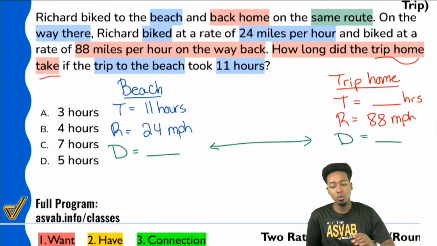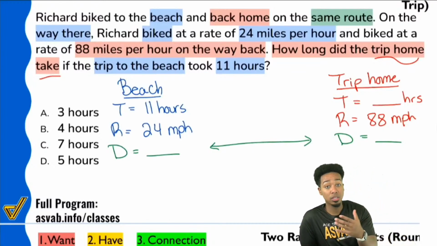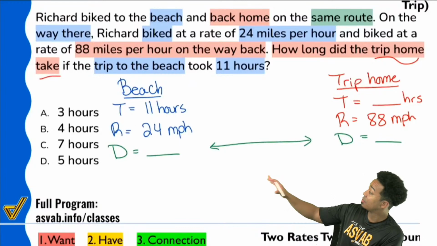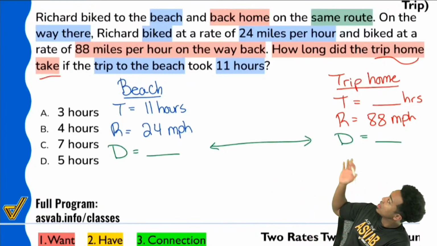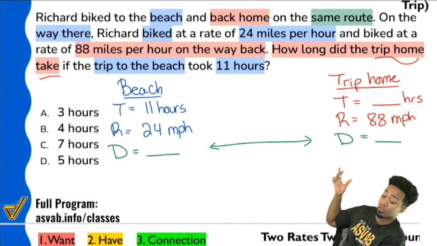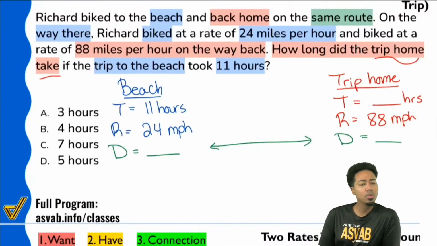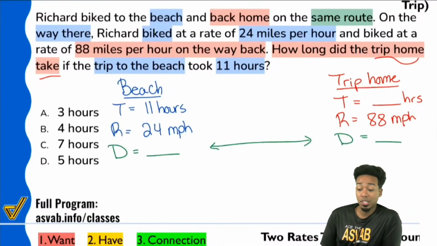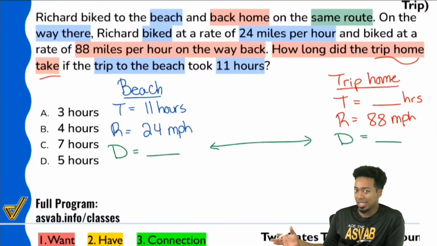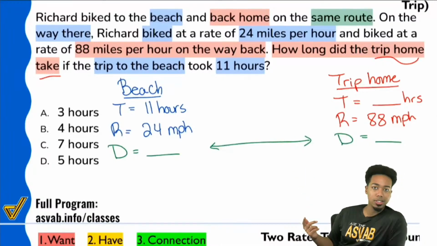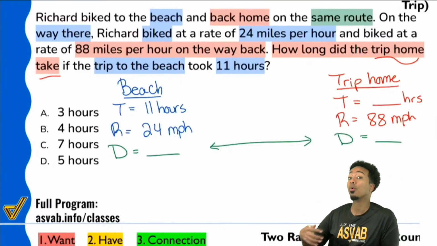Who was able to get up to this correctly, where the 11 and the 24 were together for the beach, and the 88 and the time we're looking for are together on the right? Were we able to get to at least that point? Because if you were, you're good. You're really heading in the right direction, because you haven't seen this yet today. Now you're saying, at least I can organize this.